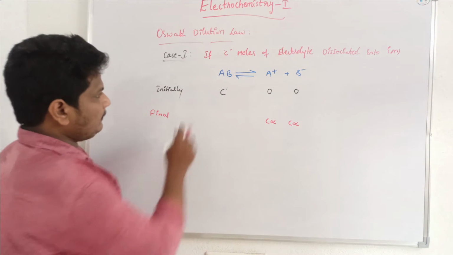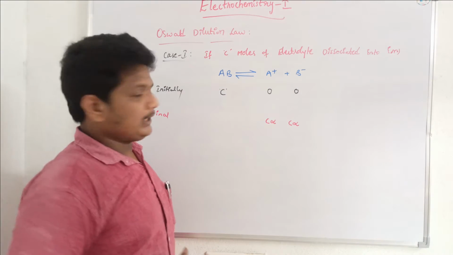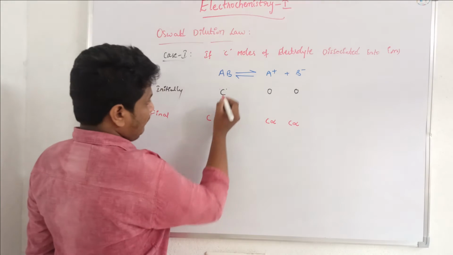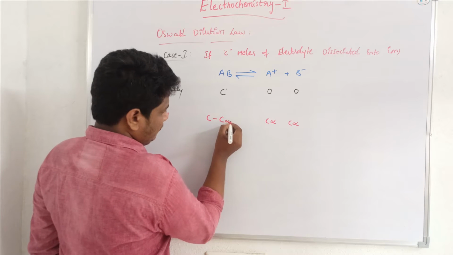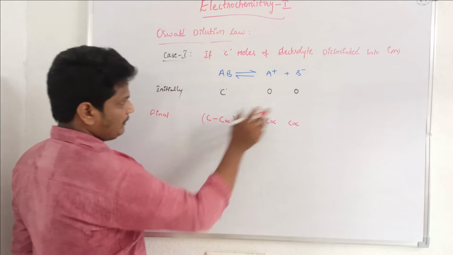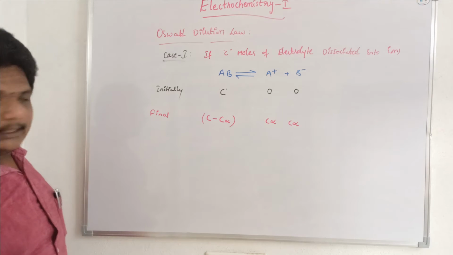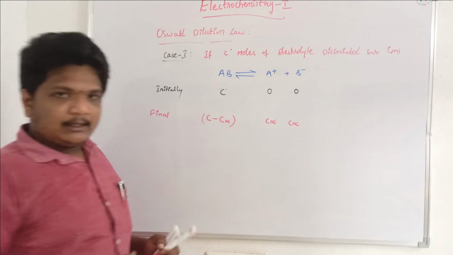The concentration of undissociated molecules at equilibrium, at the final stage: initially we have C, so there is a loss of C alpha in the ionized form. So that is C minus C alpha. This is the concentration of the undissociated molecules.